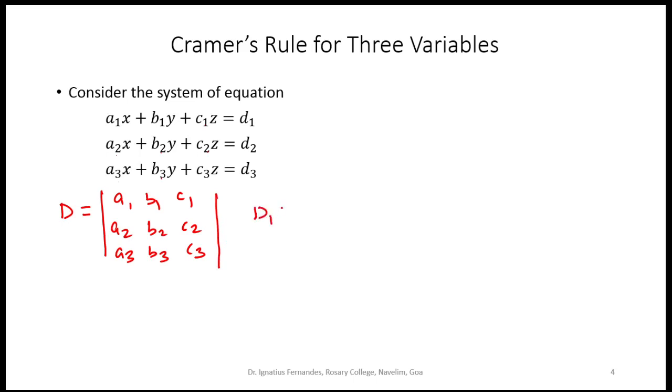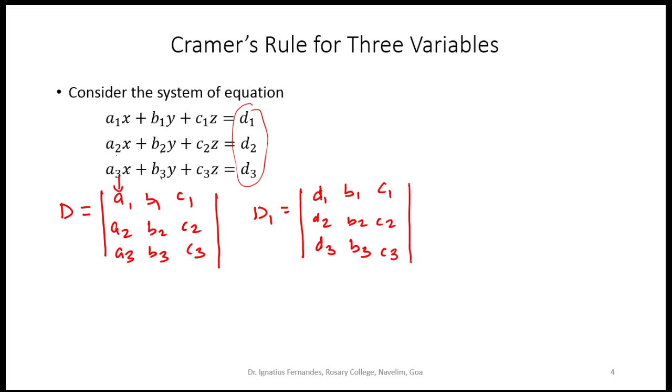Then we write down d1. d1 is the determinant wherein the first column is replaced by the right hand side column. So this a1, a2, a3 will be replaced by d1, d2, d3. The other two columns will be as it is, b1, b2, b3 and c1, c2, c3.